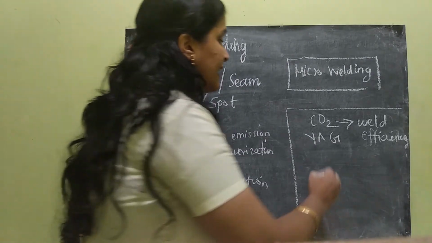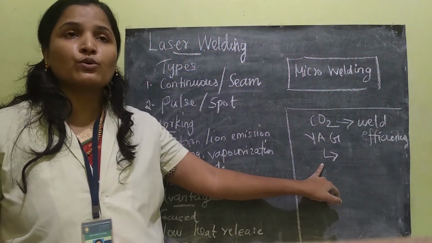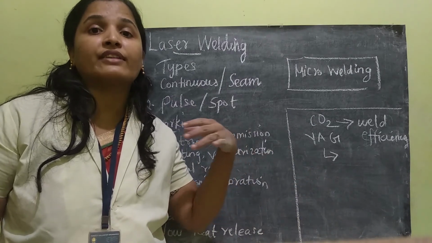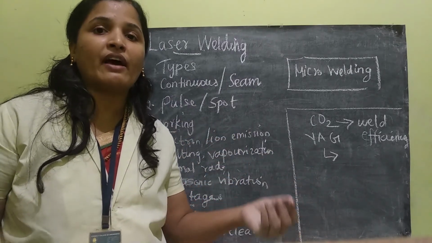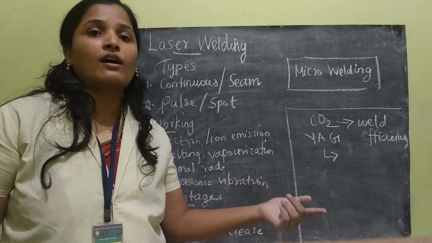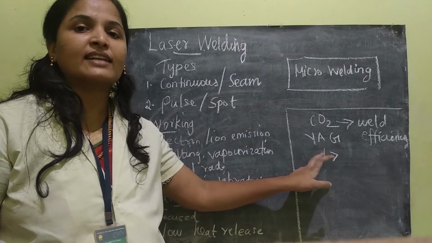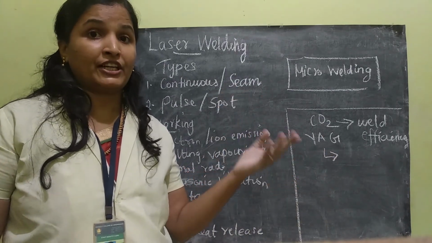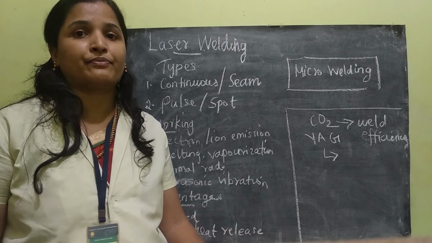Arc lasers are used where the reflection is very low, so they can be used for very thin materials, but keep in mind that the material's reflection should be very low. That means the absorption should be very high. Okay, that's it.